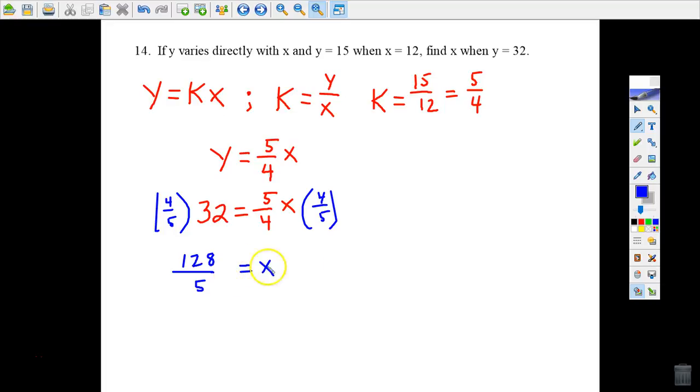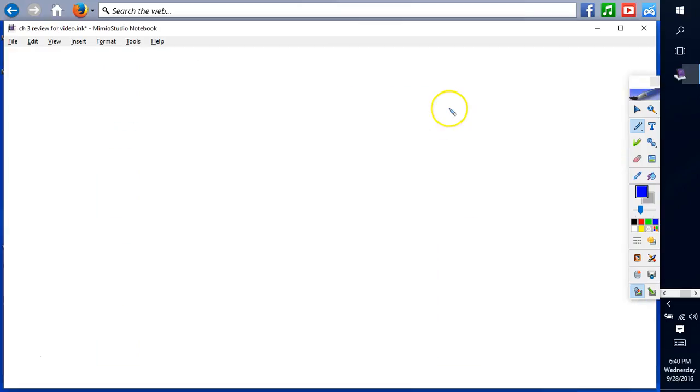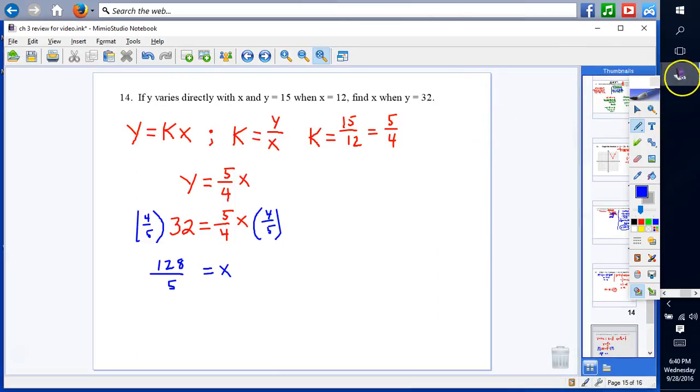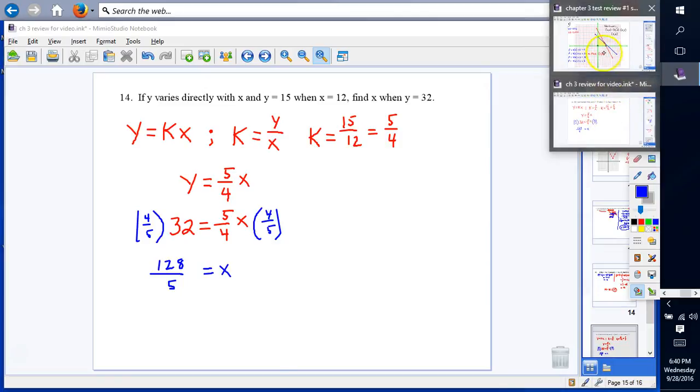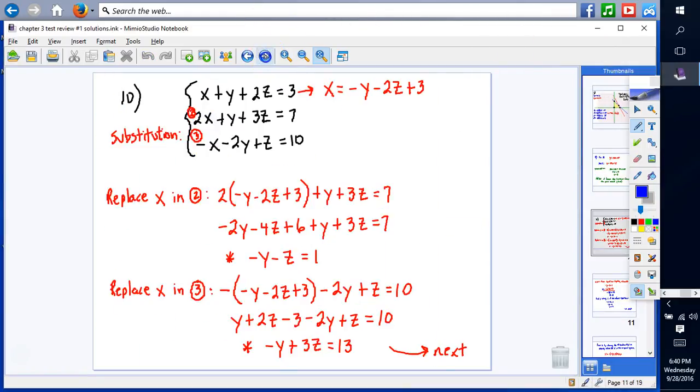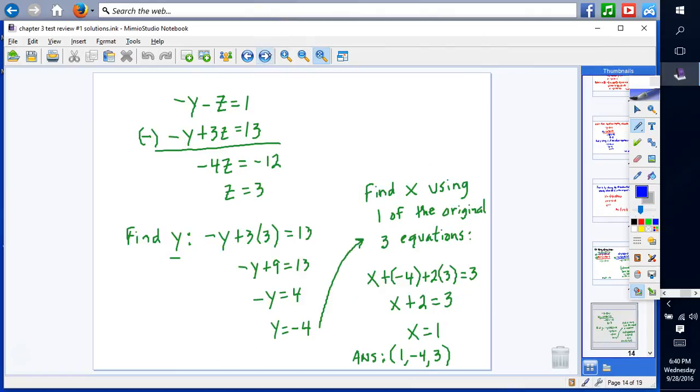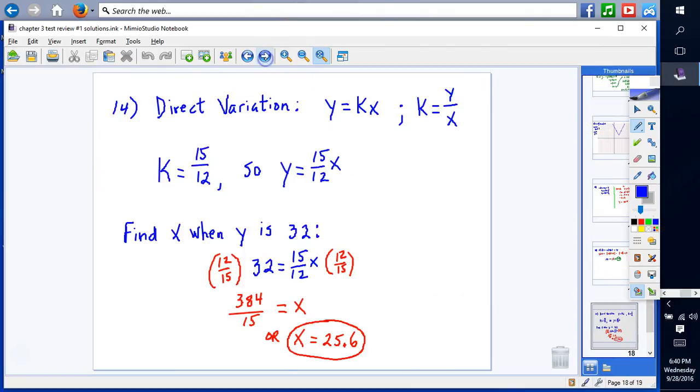And then the decimal form of that, I don't have my calculator with me, so I'll just pull that up so you can see it. 128/5 is just the reduced form of that. So this is not something that I would give you on your test, big numbers like this, because you can't use your calculator. But you definitely should know how to write the equation, find k.